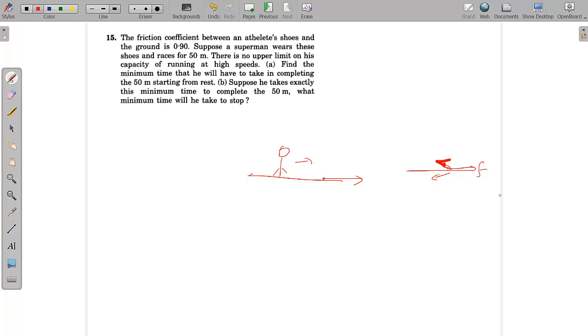The Superman can run much faster, but his speed will be restricted with respect to the friction coefficient, because at one point he will start slipping. If he goes on increasing in speed, there will be one point where he will start slipping on the ground.